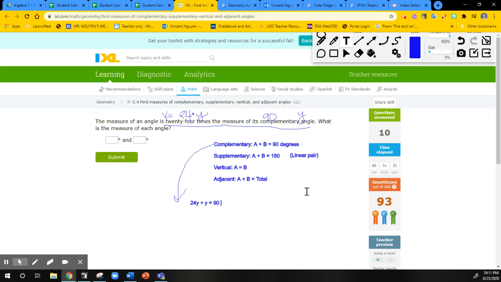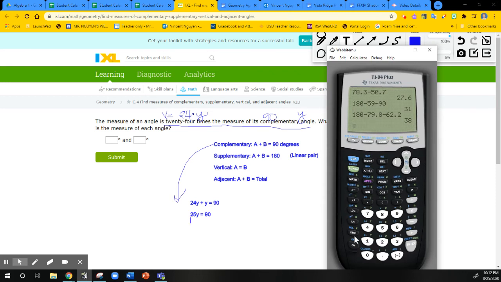And so I'm going to solve this equation. I get 25y equals 90, right? And so I'm going to take 90 and divide by 25. So 90 divided by 25, and my y angle is 3.6. So y equals 3.6.